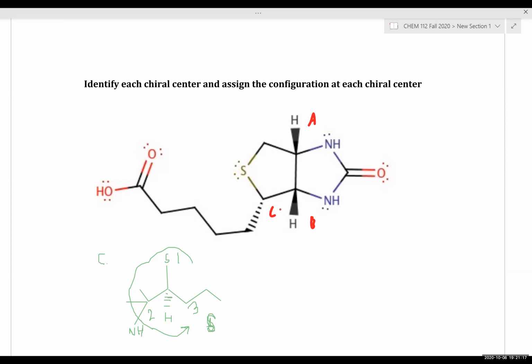Okay. Let's try to get assignments for the other stereocenters, and I'd like to see some other students contributing to this discussion with their proposed stereochemistry assignments. Note, I'm not worried about getting everything perfect the first time.